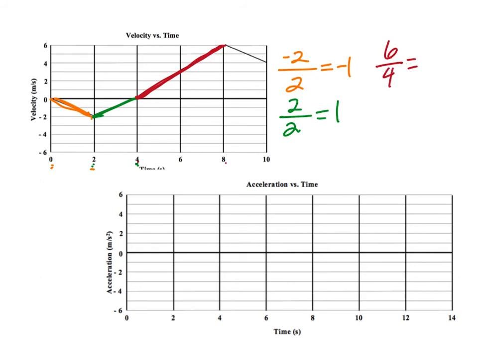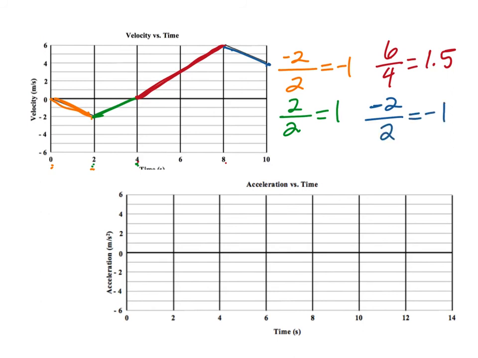So you're going to divide 6 by 4, and that is going to equal 1.5. All right. And then the last section here, you are going to find that slope, and that will be negative. It's dropping from 6 down to 4, so that's a -2 for the rise, and it's happening in 2 seconds, so it's going to be equal to -1.